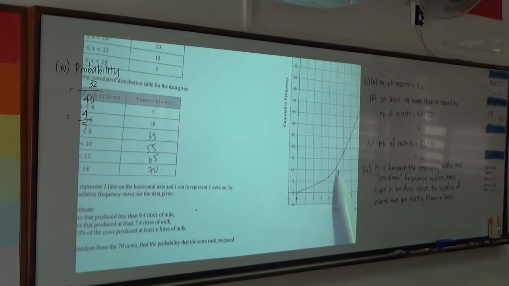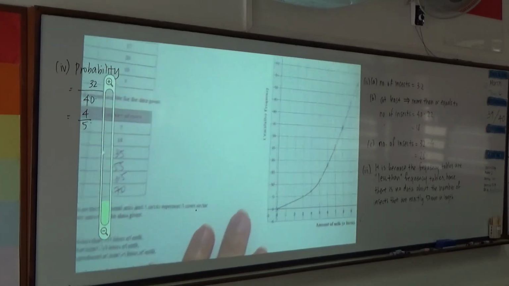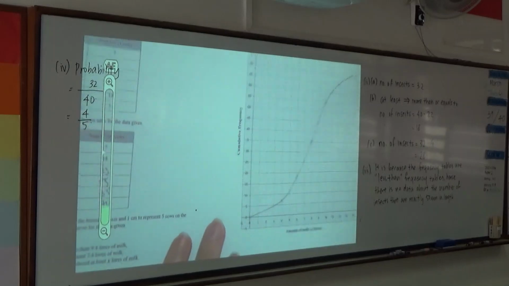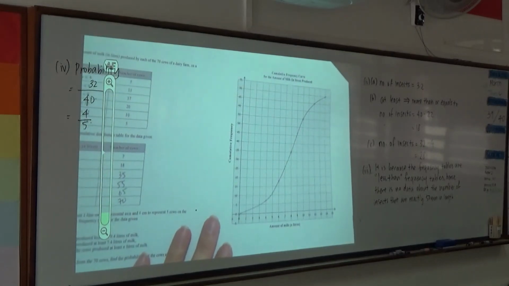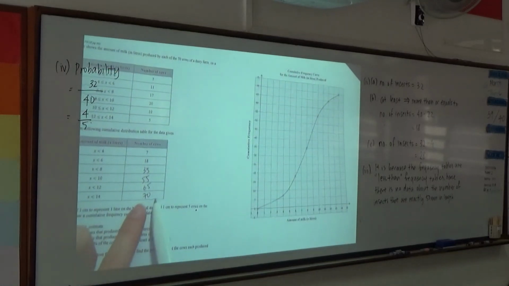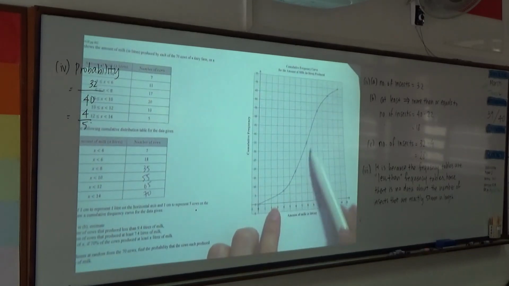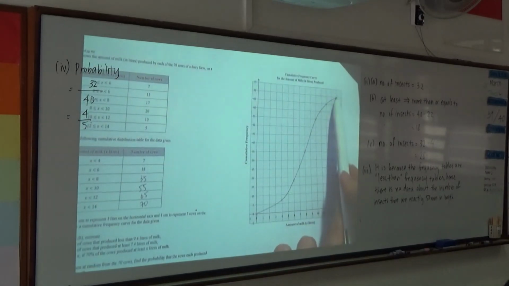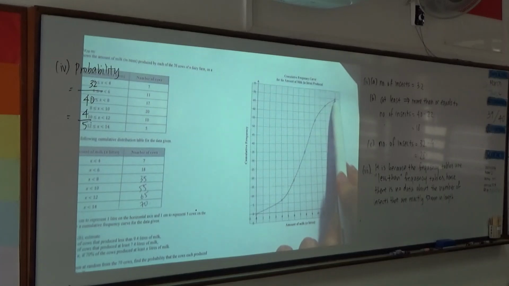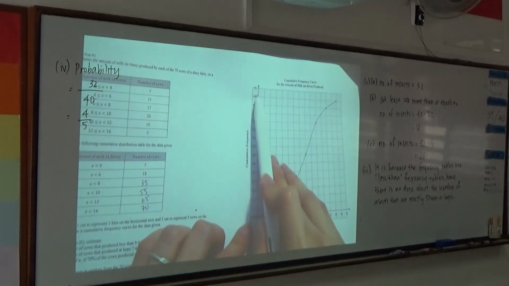Now, some things to note which I think the video didn't cover about reading of cumulative frequency curves. I want us to be very careful. While the end of the table, 70, tells us the total frequency, when we read the curve itself, we must look for the end of the last point over there, then we can see the total frequency.